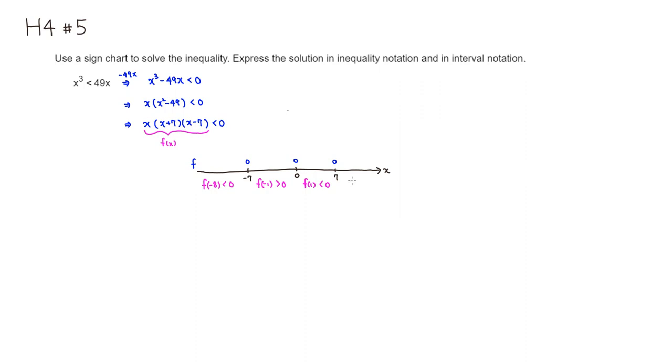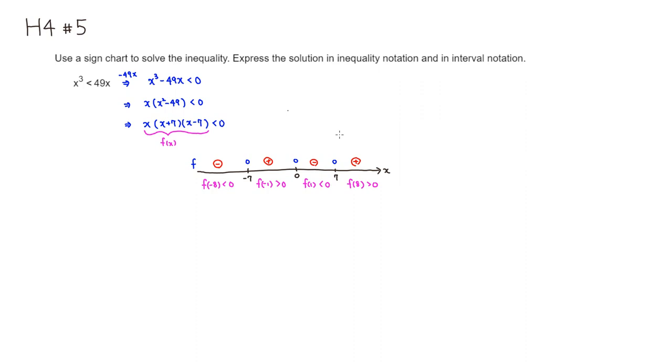Then after that, we can try 8 or something like that, and this is positive, positive, positive. Everything is positive. So you can see that f of x is negative on this interval, positive on this interval, negative here, and positive here.